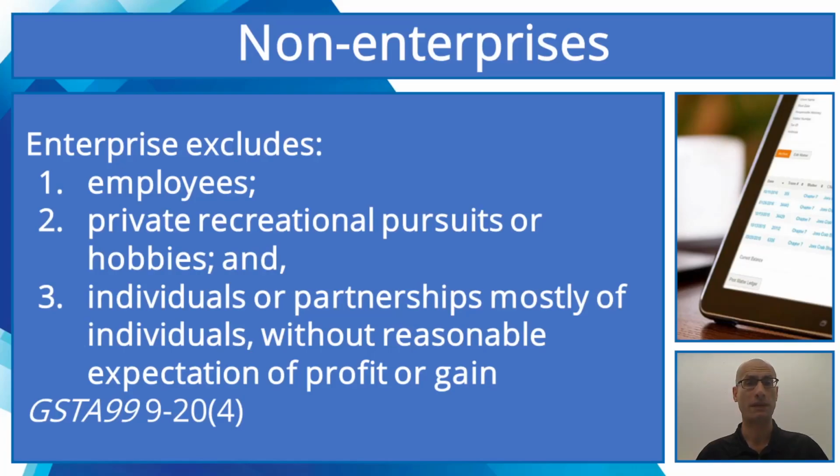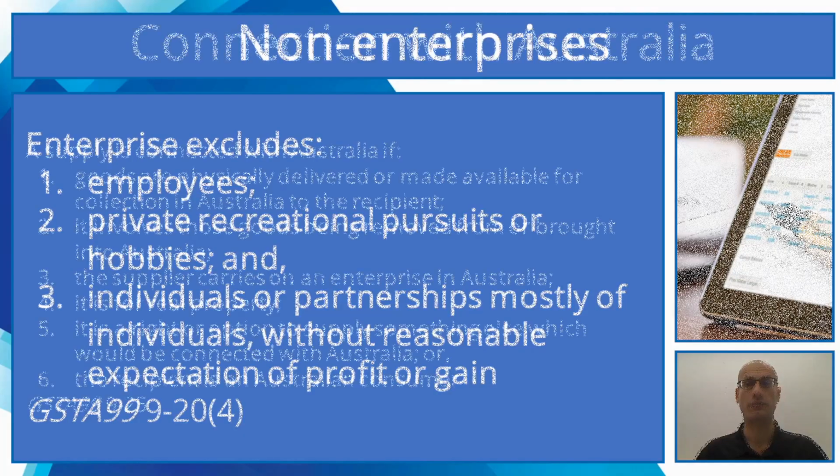It also expressly maps out that supplies that are to do with hobbies or private recreational pursuits, and individuals and partnerships basically undertaking things that might have been an enterprise but without any form of reasonable expectation of profit or gain, are going to be excluded under the statutory rules.